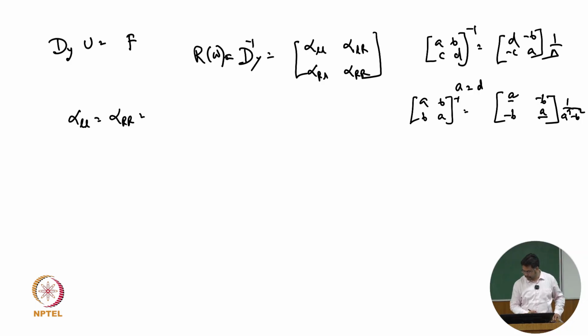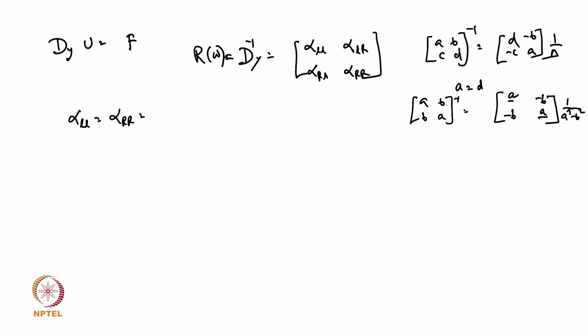Here also you can think the same thing is happening. 1 by D, the determinant of this, multiplied by omega square m1 by 2 plus k1 plus k2 by 2 plus ln plus k2 square divided by 2 into omega square m2 plus k2.